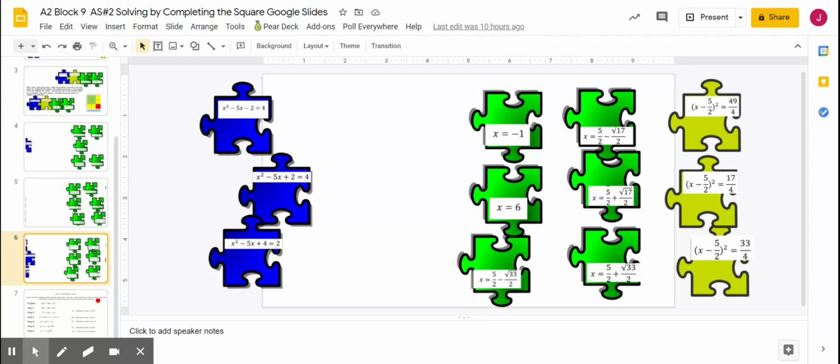Remember that step 1 is that you have to get your x squares and your x's equal to a constant, a number. So I want to move this negative 11 over by adding 11. So x squared plus 9x equals positive 11.